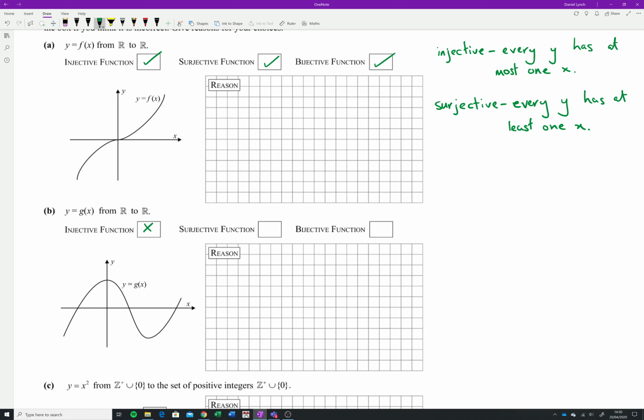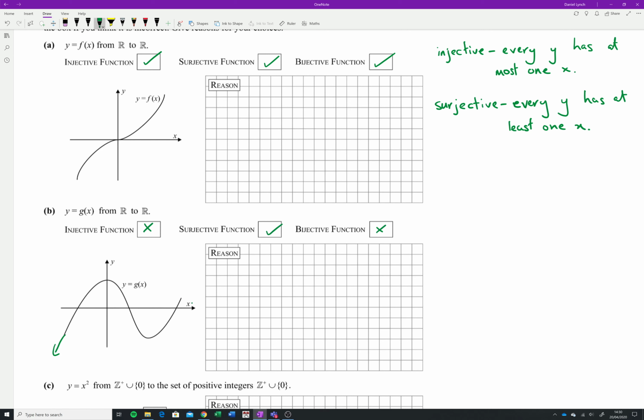Is it surjective? Is every y value covered? For instance, is that y value covered? It is, because that will keep on going up. So that's covered there. That will keep on going down. So there's no horizontal line you can draw where it doesn't hit the graph. So it is surjective. Is it bijective?